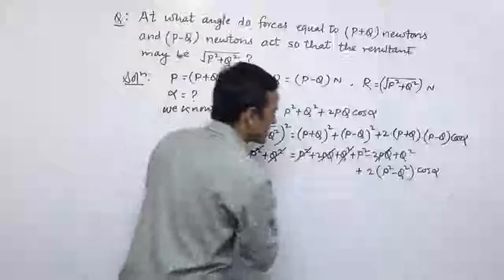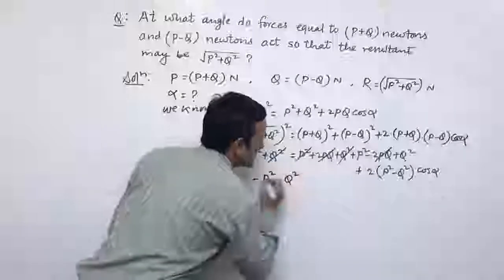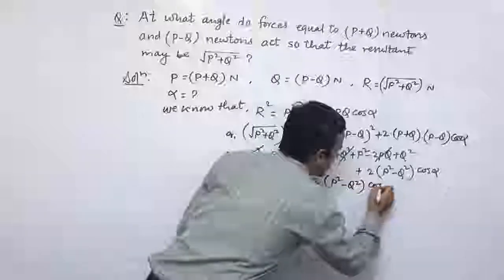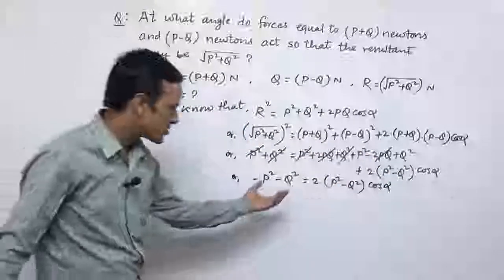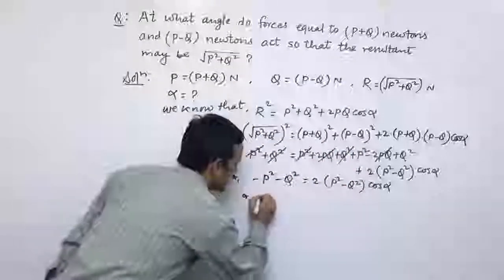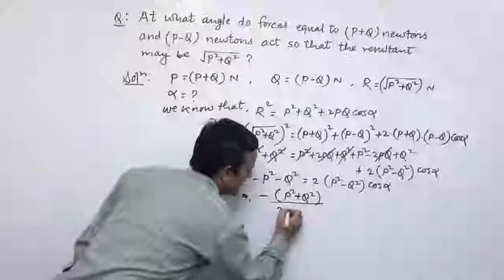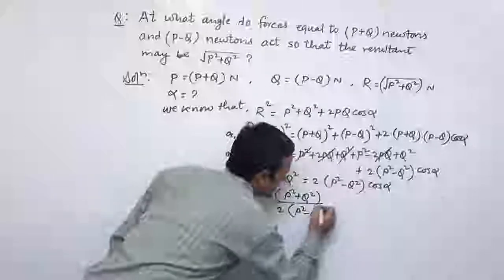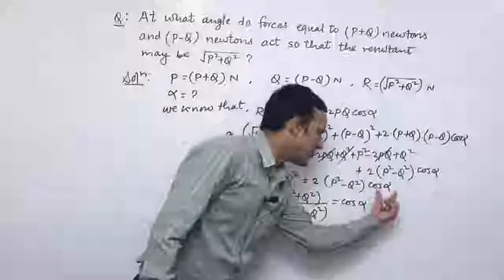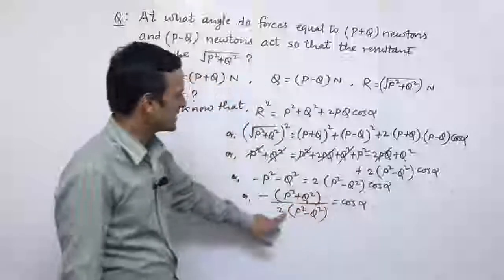So let's write this down. Moving to the other side, minus P square minus Q square is equal to 2 times P square minus Q square cos alpha. This is the remaining term after cancelling. Dividing, we can take minus common, so minus P square plus Q square divided by 2 times P square minus Q square is equal to cos alpha. Since we need to find alpha, it should be isolated and separated, so this goes to the denominator.